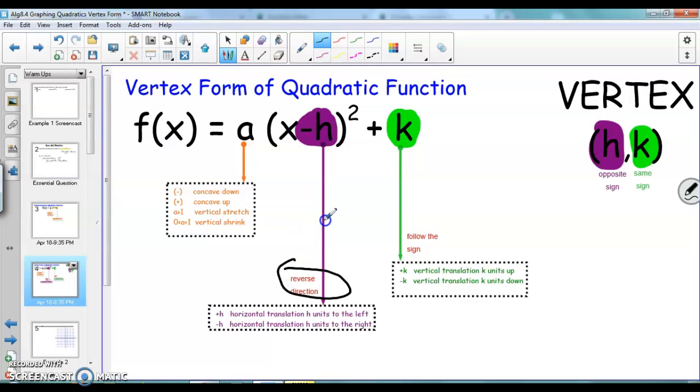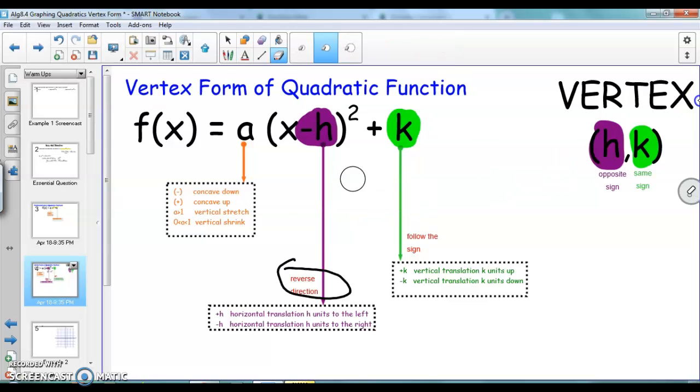So if I have an x minus 2 to the second power, the 2 is a horizontal translation, not to the left, but to the right. So it's going to be in the opposite direction. So x minus 2 means horizontal translation 2 units to the right.